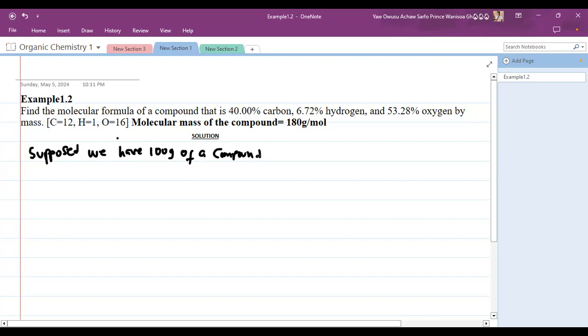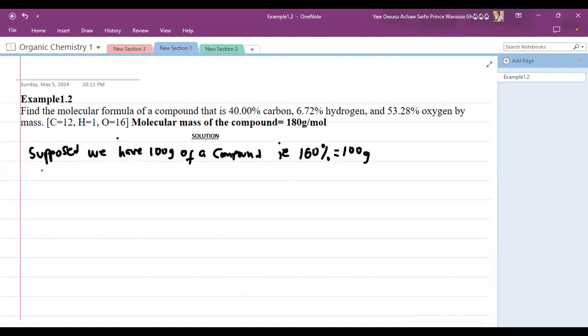Then 100% will be equal to 100 grams of the sample.